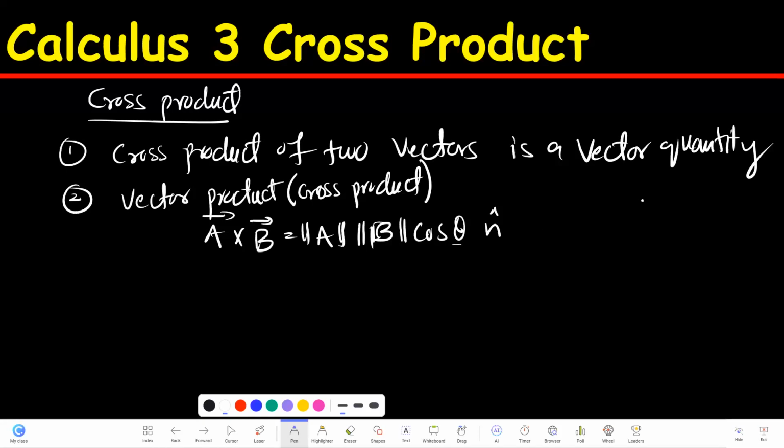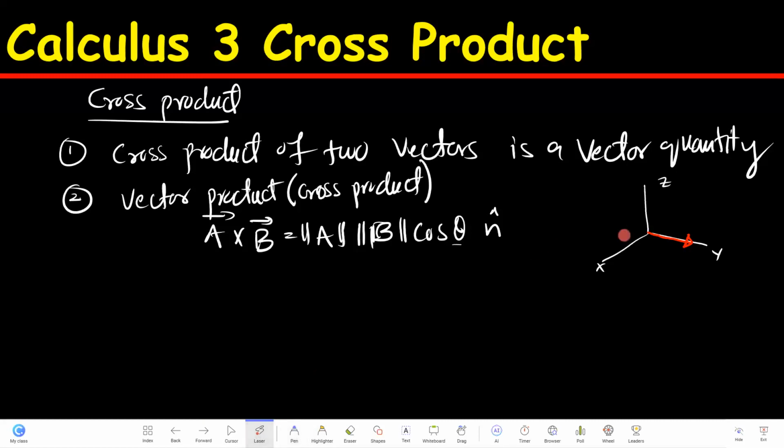So I'm going to draw here like an angle. So this is y, this is x, that is z. Let me just draw something real quick. So vector A is going to be in this direction. Vector B, if it's in this direction, they are perpendicular. If it's in this direction, they are parallel to A, but they are not.